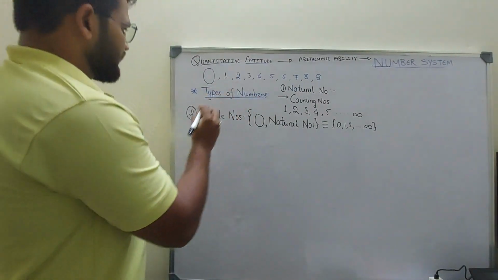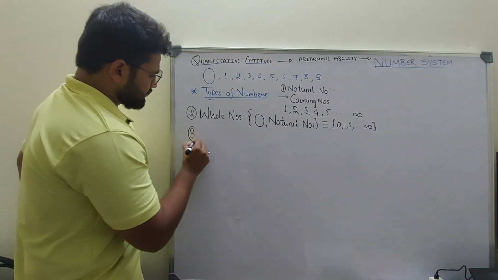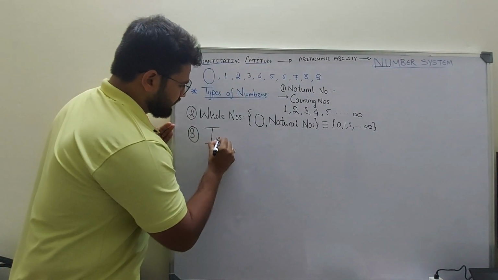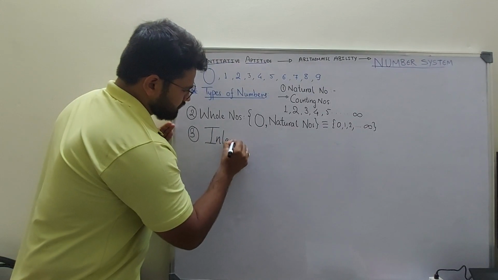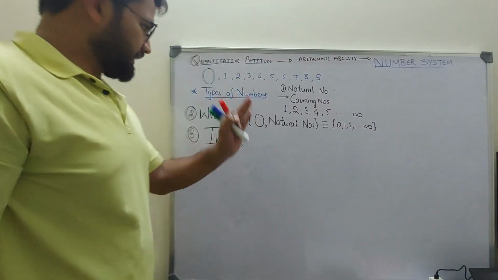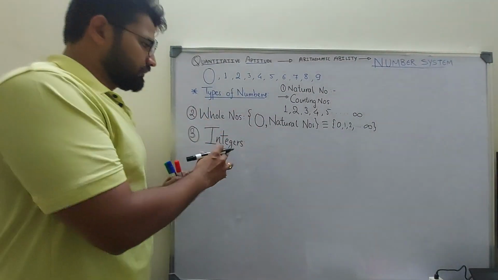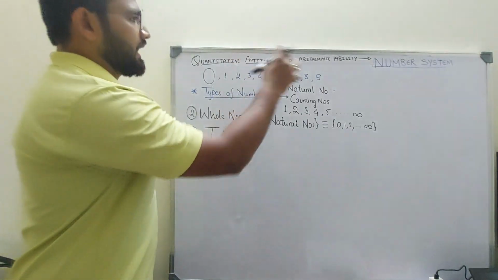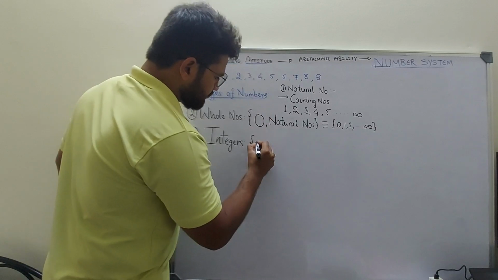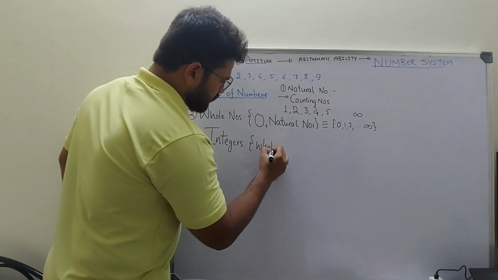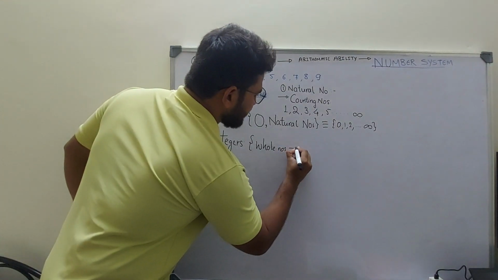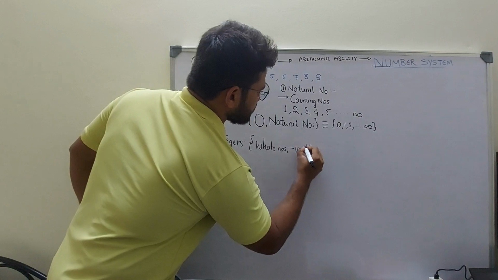Now let's move towards the third type of numbers, integers. Integers are nothing but, in simple form, I will give you the statement also: the set of whole numbers and negative natural numbers.